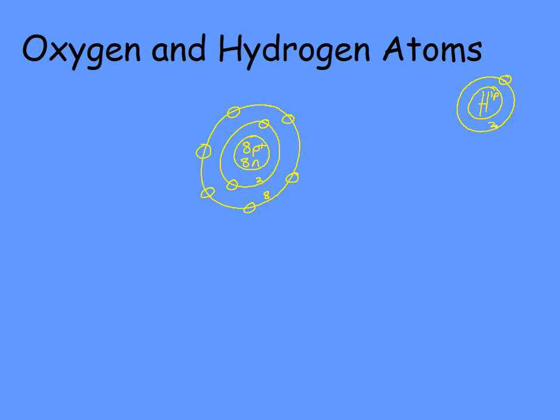Well, they're going to combine, and they combine in a very specific way. Hydrogen wants an extra one out here in its outermost shell, and oxygen needs an extra 2. So what hydrogen will do with its one proton is it will get so close that its electron shell with that electron, here's our nucleus here, will overlap with oxygen's. Now, what does that do? Hydrogen now feels like it has 2 electrons.